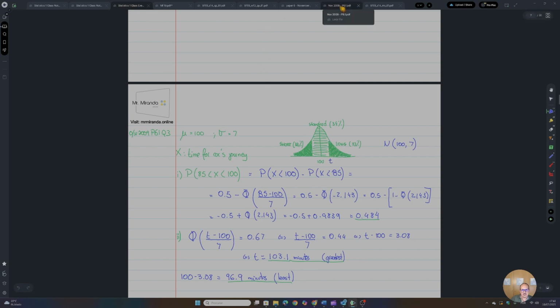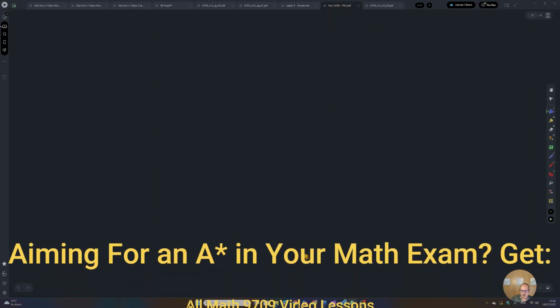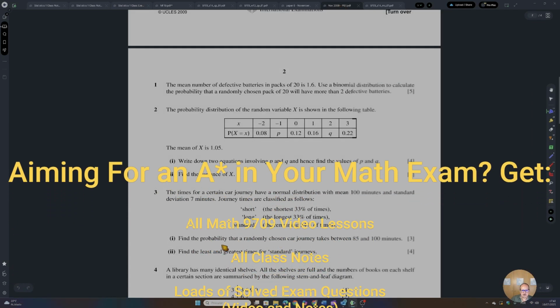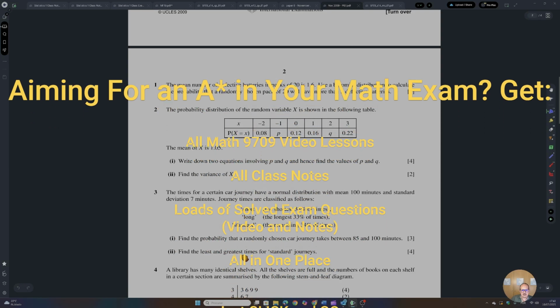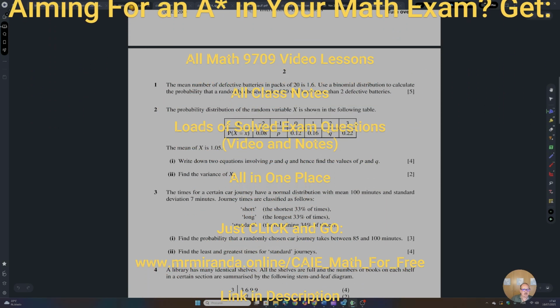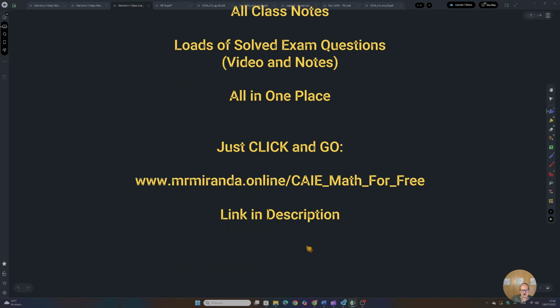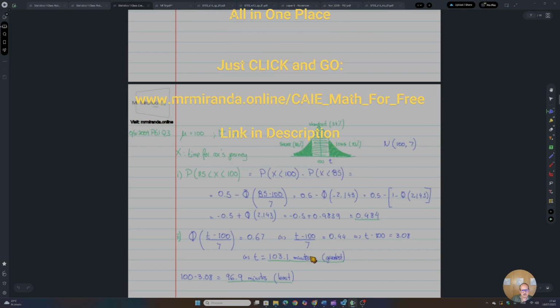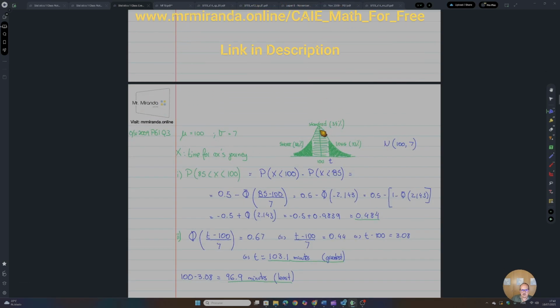So let's look at the question again. The least and the greatest times. We just found the greatest time, that is 103.1 minutes. If the median is 100, this over here is 3.1 minutes. So what is going to be this value over here?